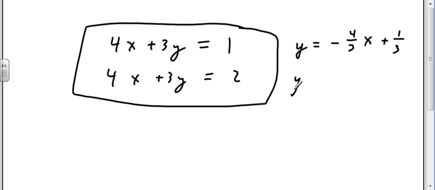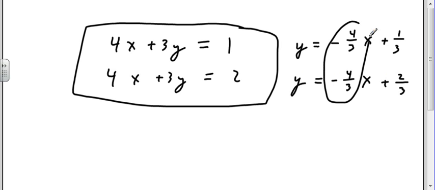And the second says y is equal to minus 4 over 3 x plus 2 over 3. So they both have the same slope, so they're parallel, and they have different y-intercepts, so they never cross each other. There's no solution there at all.